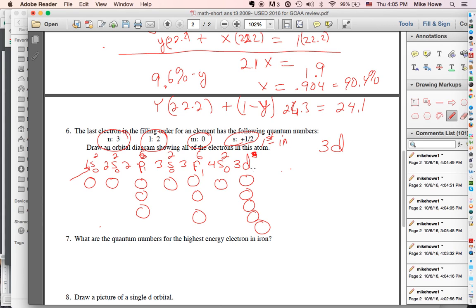And the d, for a d sublevel, the L value is 2. So I'll put a 2 there. Now I'm going to number the orbitals. So if L equals 0, then M has to equal 0. L equals 1, M equals -1, 0, or 1. L equals 0, M equals 0.